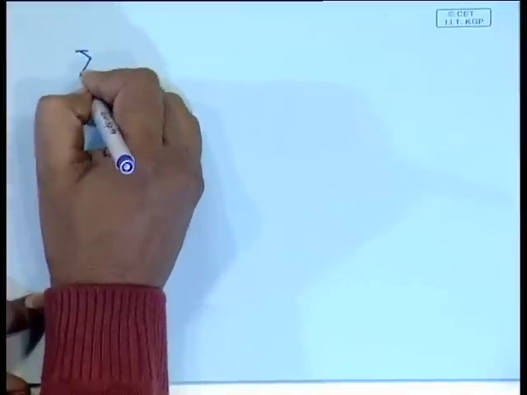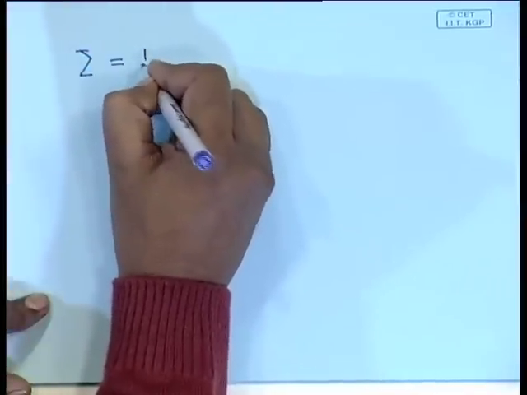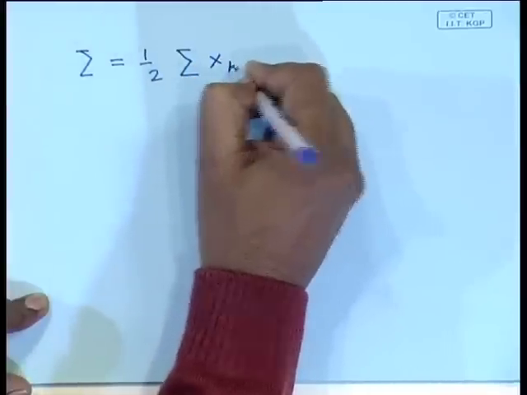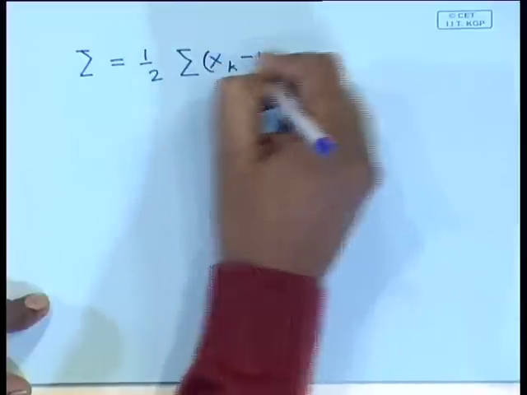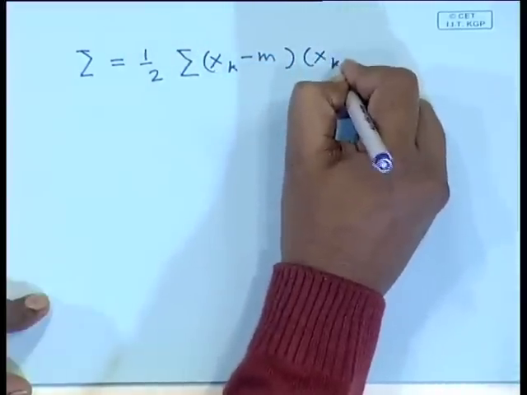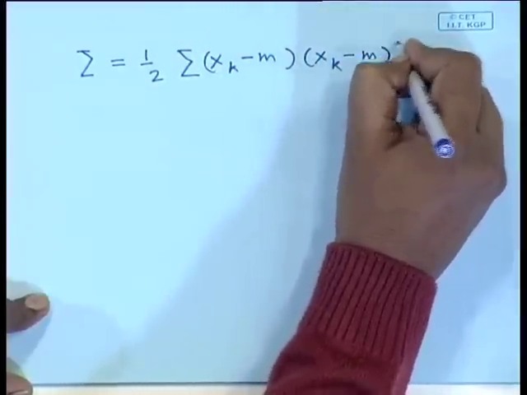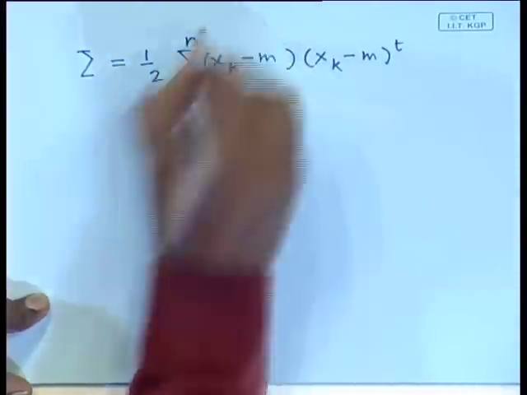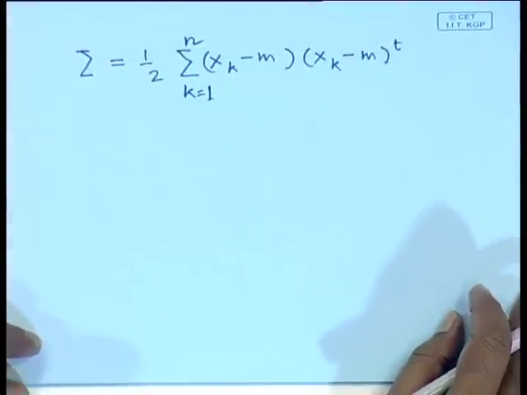If you remember from our earlier expressions, what is our covariance matrix sigma? 1 upon n summation x k minus m into x k minus m transpose, taking the summation k is equal to 1 to n. Okay.